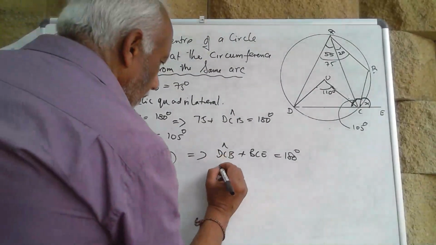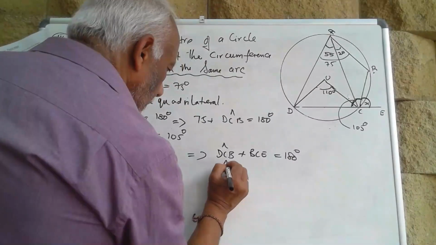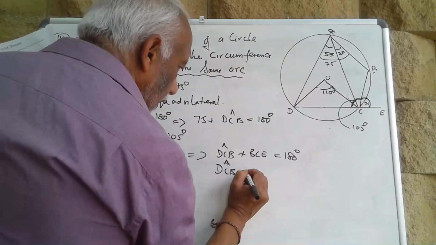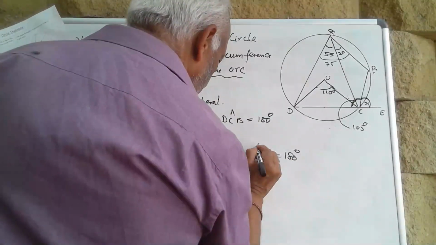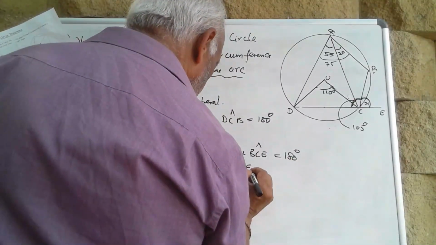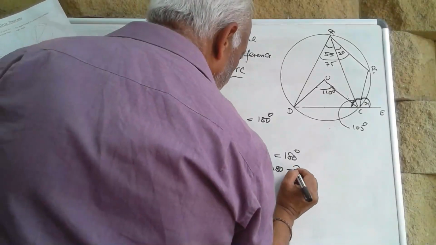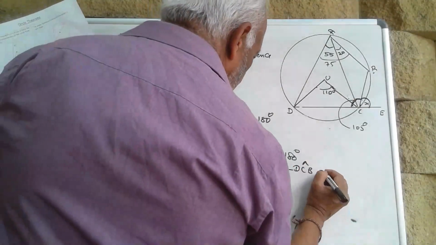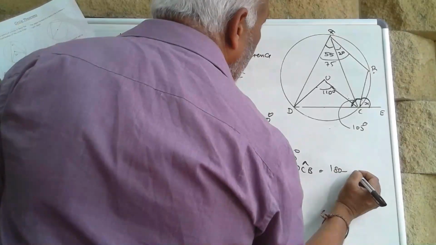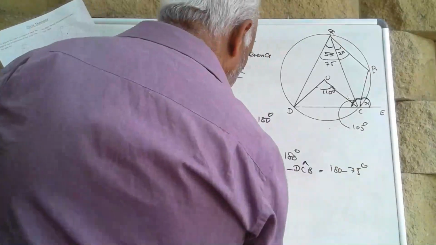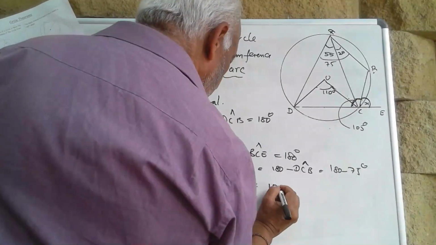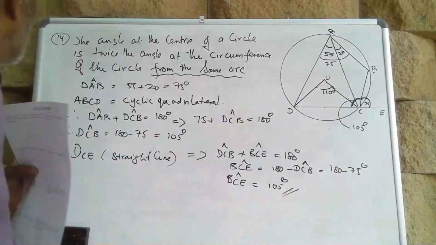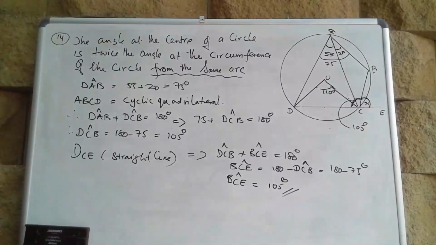Therefore, BCE, sorry, not DCB, BCE must be equal to 180 take away DCB, which is 180 take away 75. So BCE is equal to 105 degrees. So that's question number 14. The more steps you write, the more marks you get. The examiner will understand what you are doing.